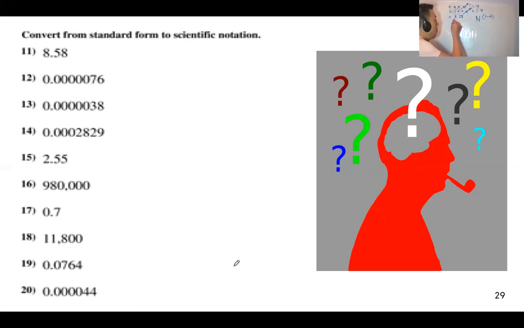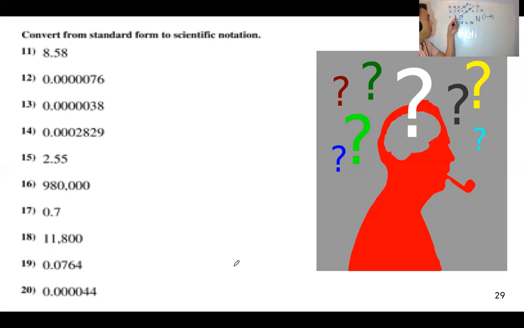So, based on this given 8.58, is this in between 1 and 10? Yes or no? Yes. Okay. So 8.58 is in between 1 and 10. So what we are going to do is to copy this. And then our formula, which is the constant and the number of decimals moved.